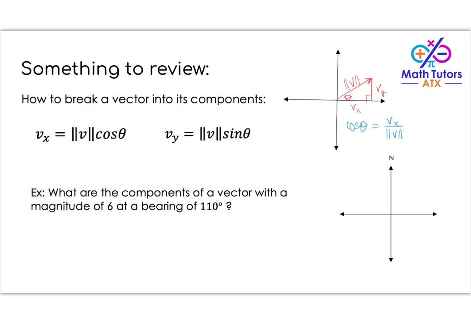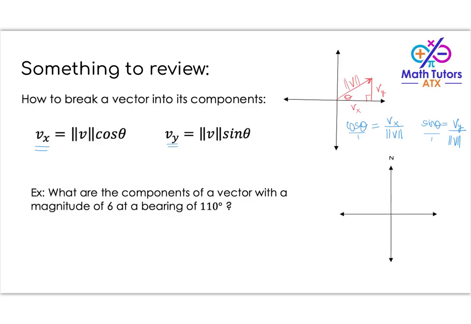If I cross multiply, you can see here that the x component would be the magnitude of the vector times cosine theta. Well, it's the same thing for sine. Sine, of course, would be opposite over the hypotenuse, so the magnitude is in the denominator, cross multiply. And again, you get that the y component is the magnitude times the sine of theta.